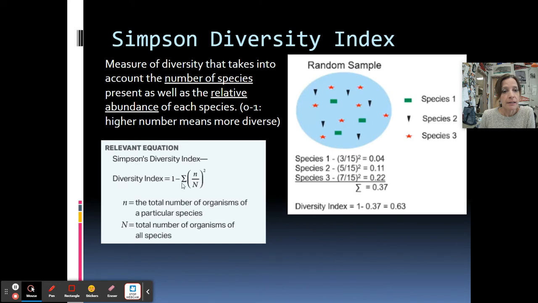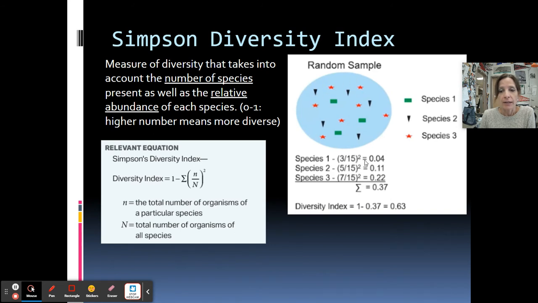So if you take this equation, remember that this sigma is the sum. Little n is the total number of organisms of a particular species, and N is the total number of organisms of all species. So if you look over here at this example, species 1, which is the green box, has 3 of those individuals, and then the total number of organisms is 15 if you counted up all this.